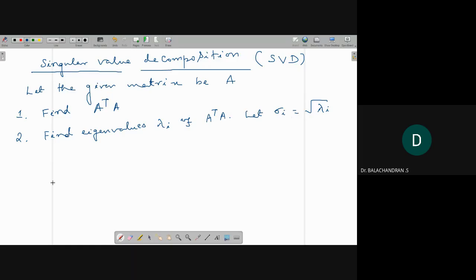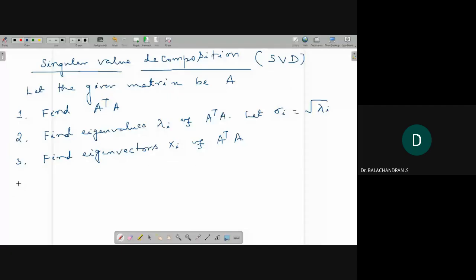Third step, find the eigenvectors capital Xi of A transpose into A. That is, for each eigenvalue lambda i, you need to find the eigenvector.